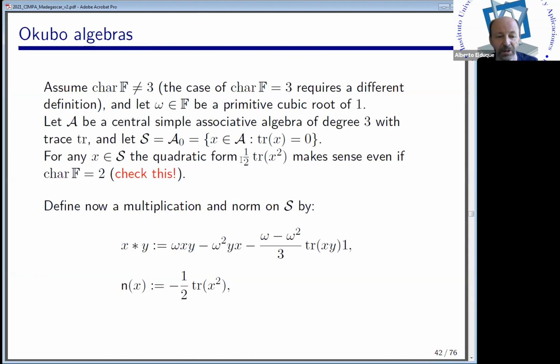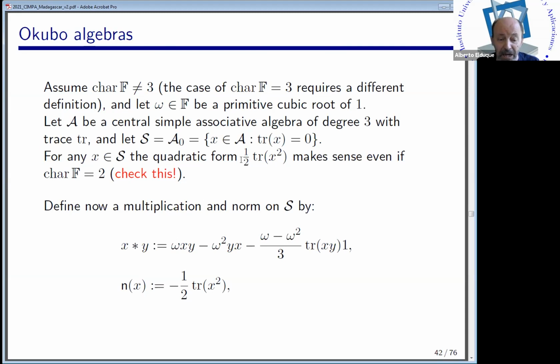and we checked that this is a symmetric composition algebra. And then we consider another interesting example that comes from an associative algebra. So we take zero trace 3 by 3 matrices over a field containing a primitive cubic root of 1. This forces that the characteristic is different from 3.